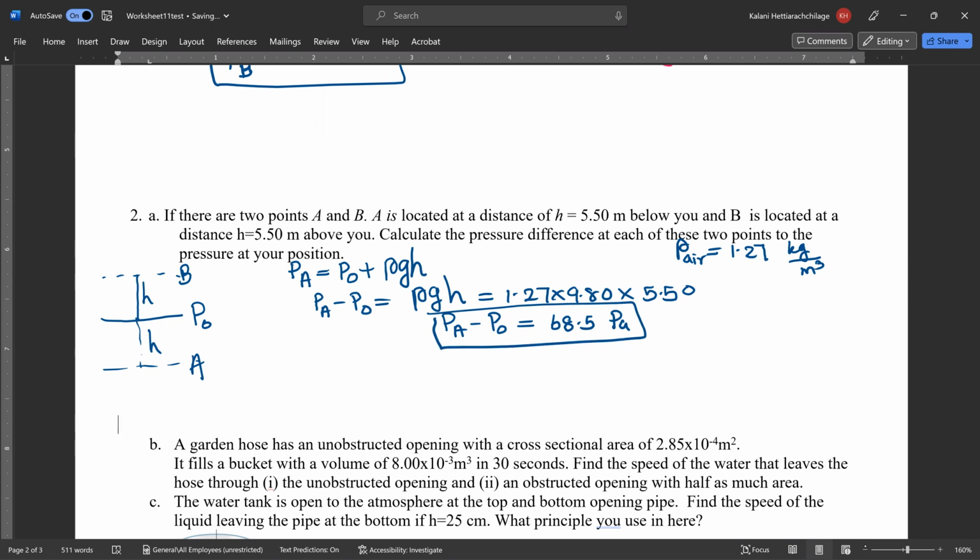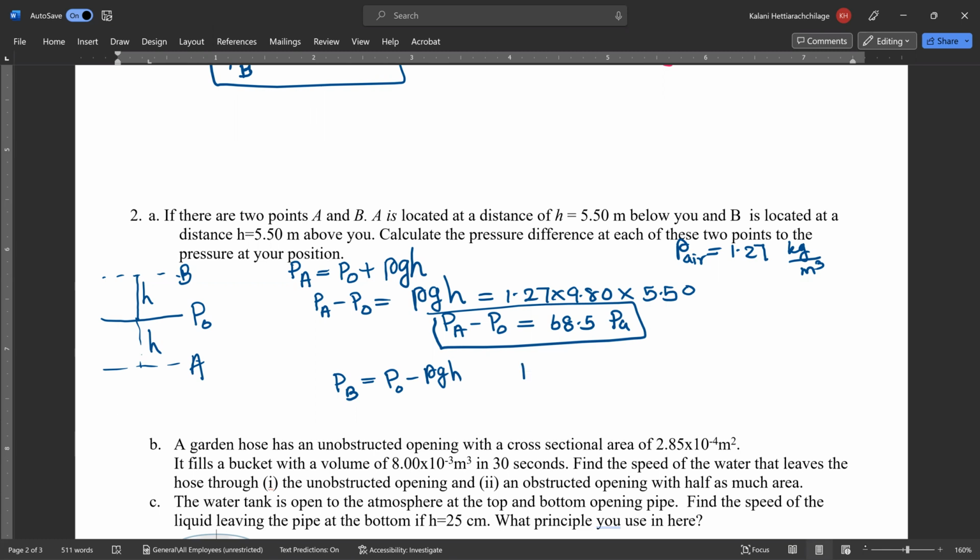Now you can do the same thing for PB minus P naught, right? So in this case, let's write the PB pressure first. PB pressure is equal to P naught minus rho GH, because your pressure is lower when you go in the upward direction, right?